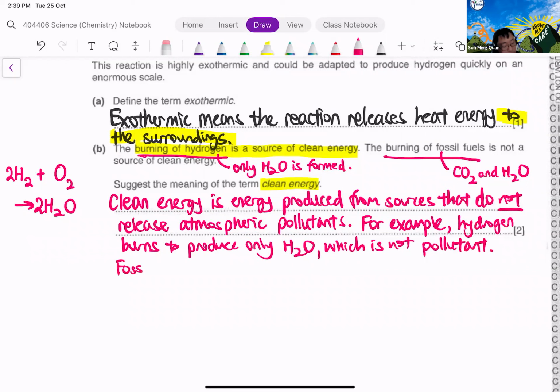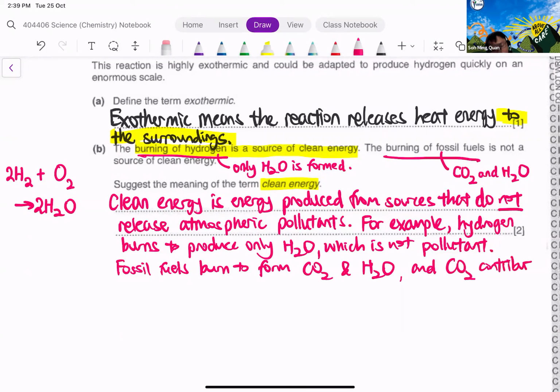Fossil fuels, though, so your hydrocarbons like alkanes, alkenes, the hydrocarbons in your fossil fuels burn to form CO2 and H2O. And CO2 contributes to or causes climate change. So it is not clean energy.